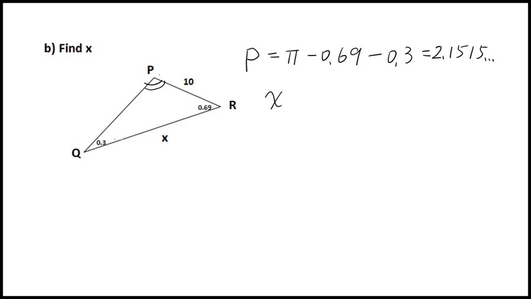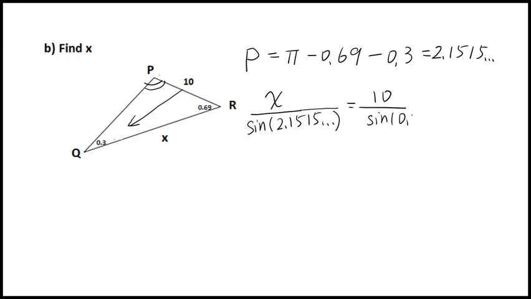That is x over sine 2.1515 equals 10 over, the corresponding angle to this 10 will be 0.3. So I will do sine 0.3.